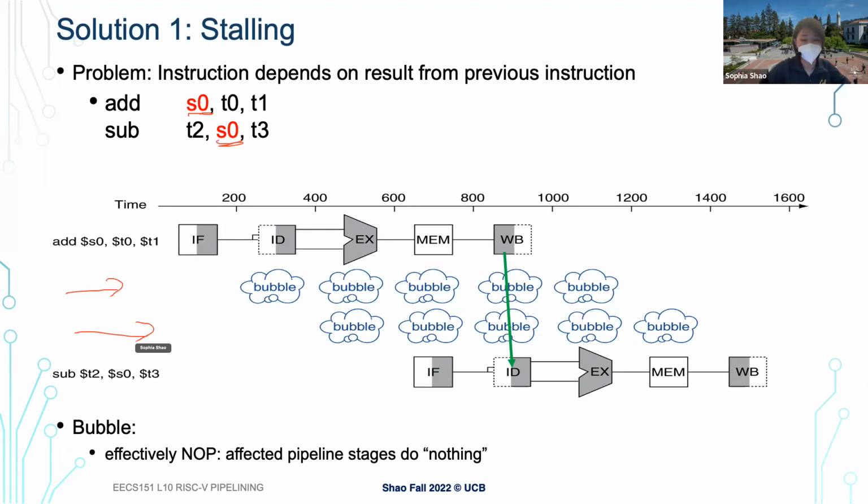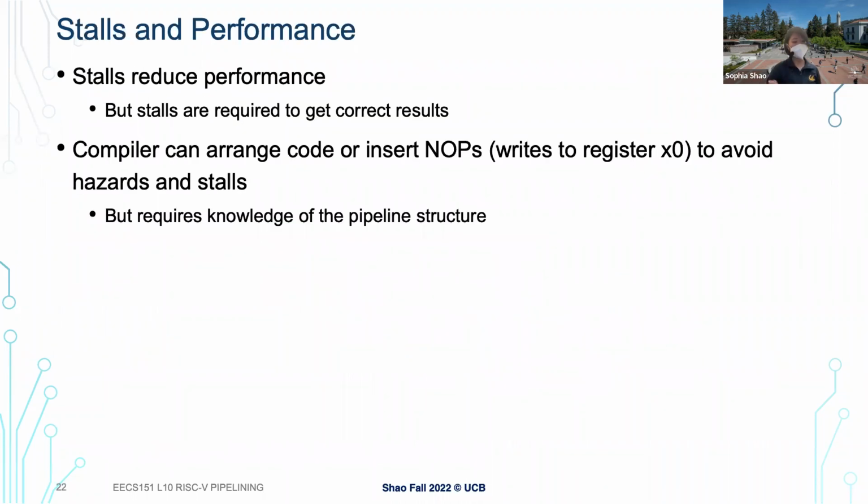I don't do anything for those 2 cycles until my data is ready in my register, and then I can read it in my execution. This is basically a no-op in your program. We just don't do anything and let the pipeline process until the data becomes available. So this always works.